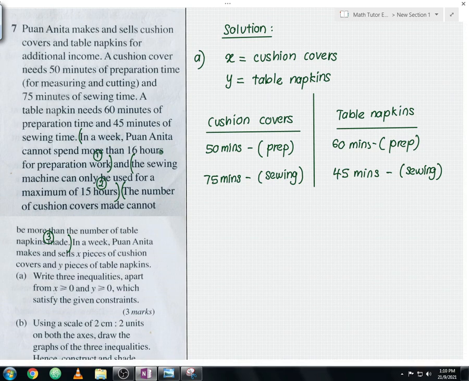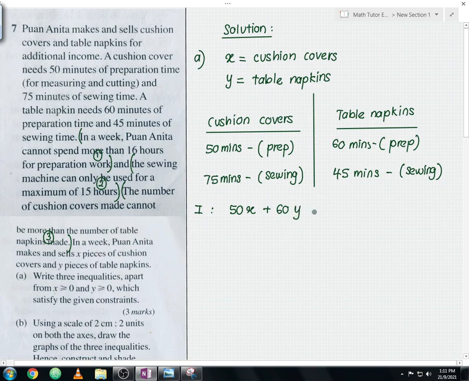So from here let us begin our working for the first constraint. For preparation time, 50 minutes times the X number of cushion covers, plus 60 minutes times Y table napkins.